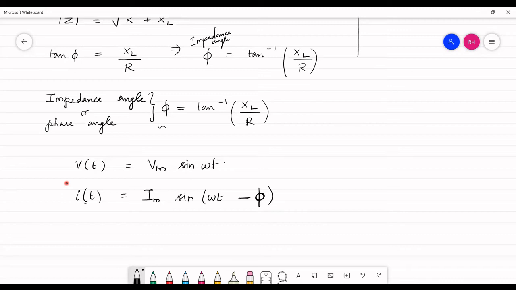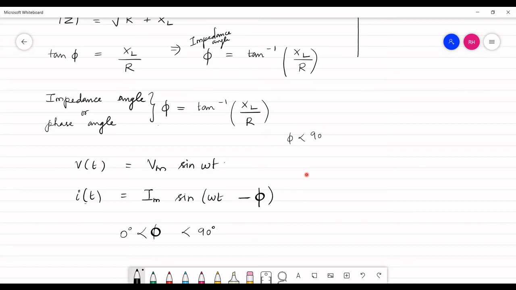The phase angle is calculated to be tan inverse of XL divided by R, and after taking tan inverse, it will always be less than 90 degrees. The range of φ is from 0 to 90 degrees, a maximum of 90 degrees.